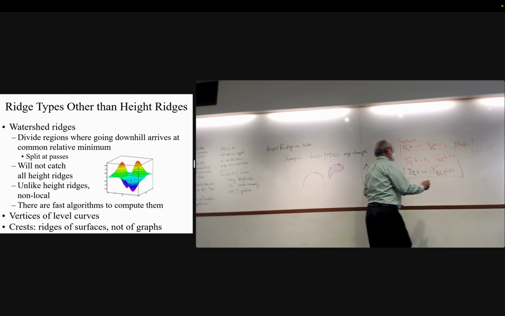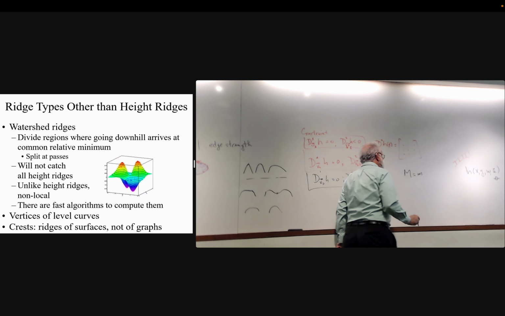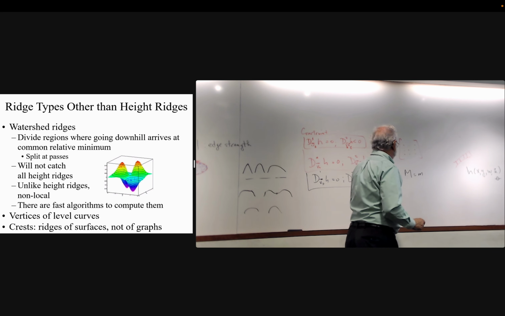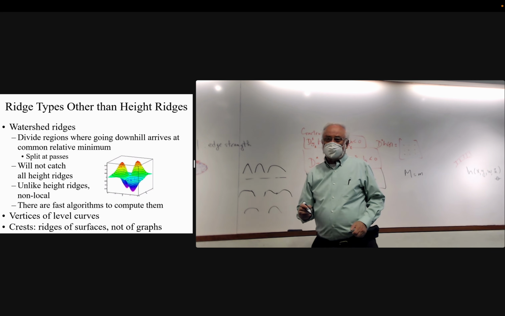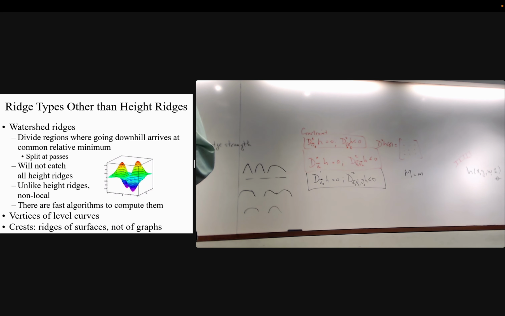Here's an interesting question. What's the dimension of the ridge when big M and little m are the same? 0. Big M minus little m. What's a 0-dimensional entity? It's a point.